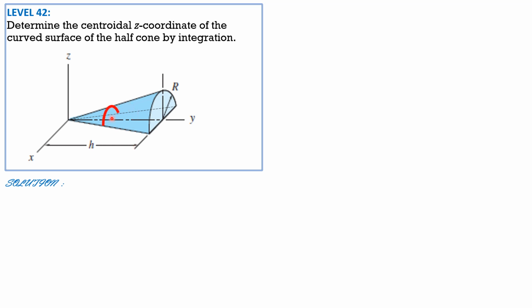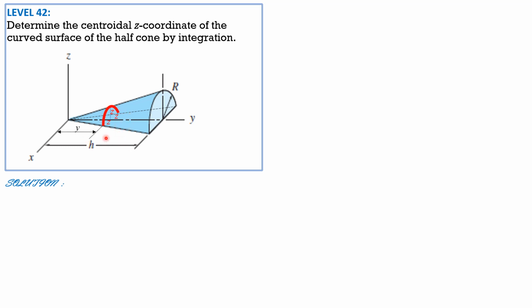So this is the surface, and its distance from the xz plane is y. The radius would be this one, parallel to the z-axis, so it's z, then z also, radius.